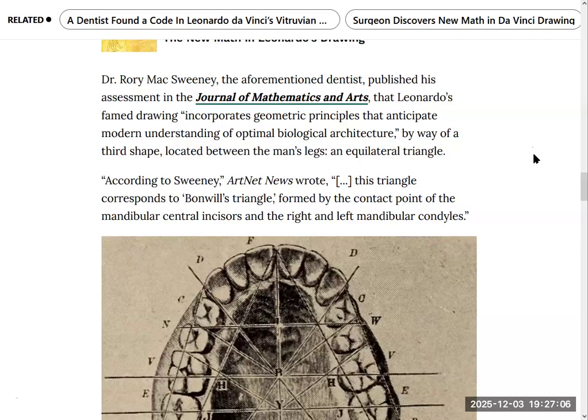According to Sweeney, ArtNet News wrote, this triangle corresponds to Bonwill's triangle, formed by the contact point of the mandibular central incisors and the right and left mandibular condyles.